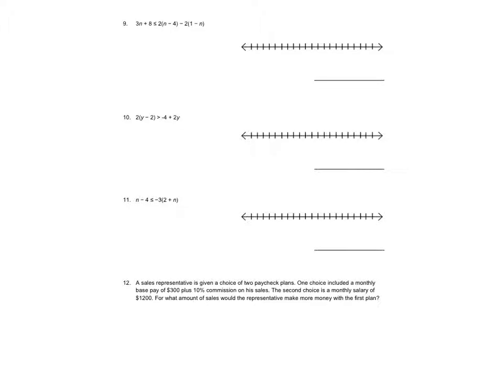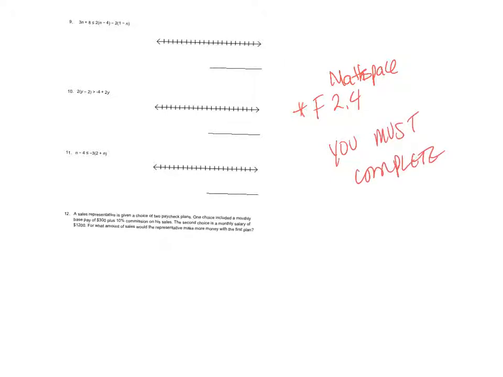But your assignments for this unit, your formatives, will include the math space F2.4, but you must complete this also, these 12 questions on the independent practice and upload to Canvas.